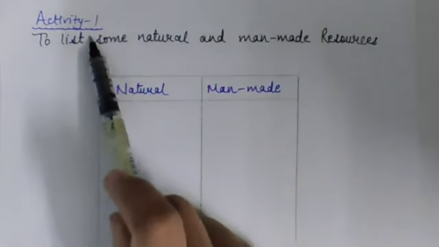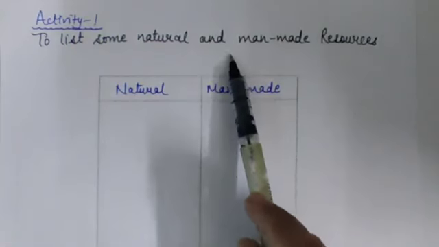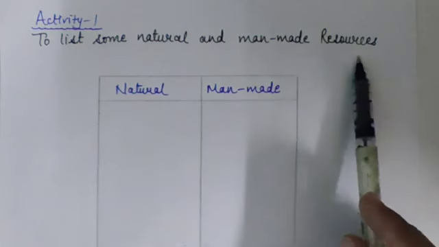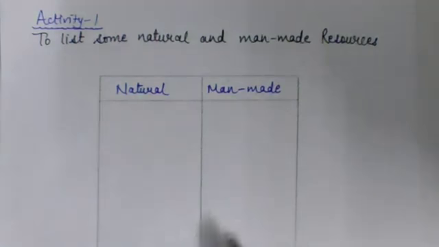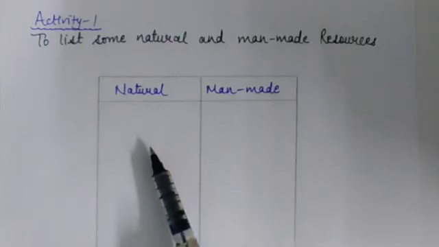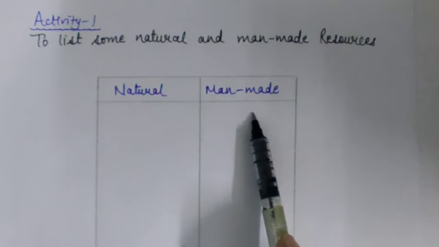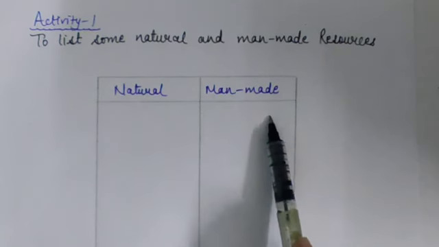So your first activity is to list some natural and man-made resources. Make a list of various materials used by us in daily life and classify them as natural and man-made resources.